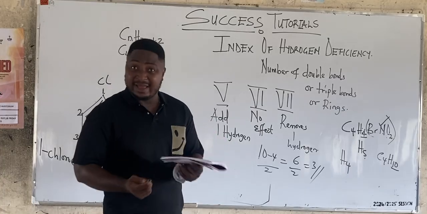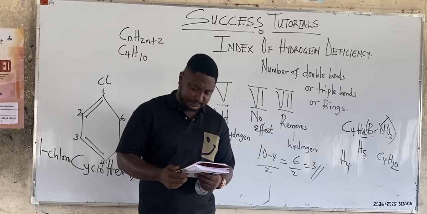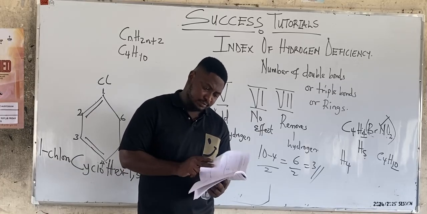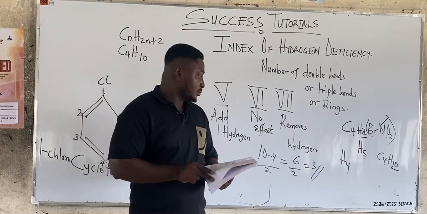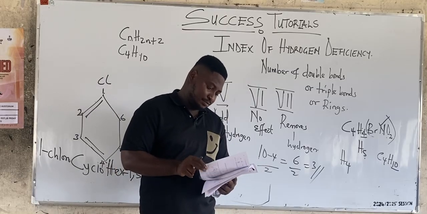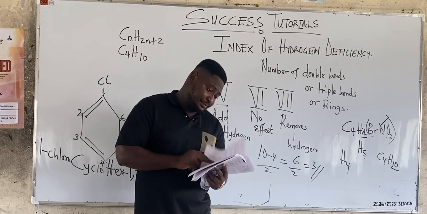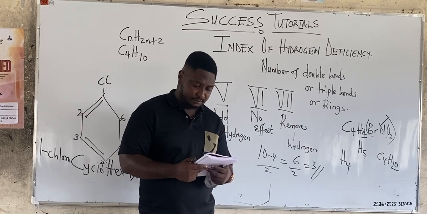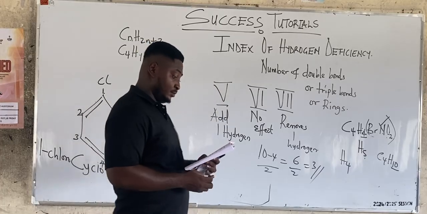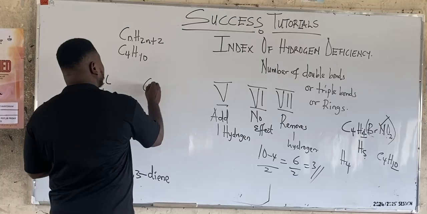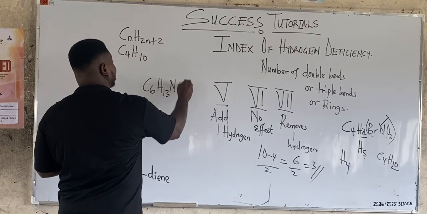Let's now take another example. But at least you get the whole concept of IHD now, right? Calculate the IHD for the compound C6H13NCl2O.